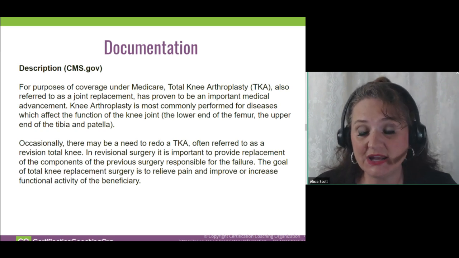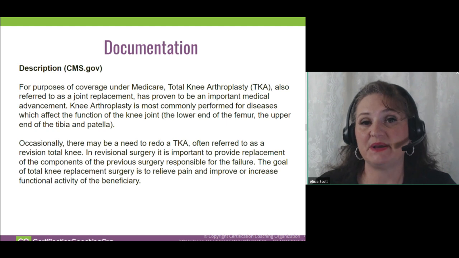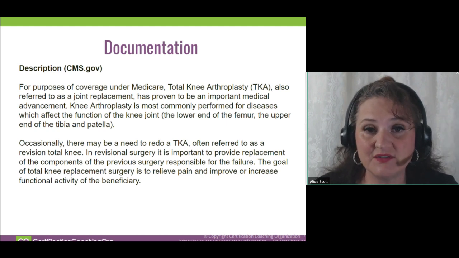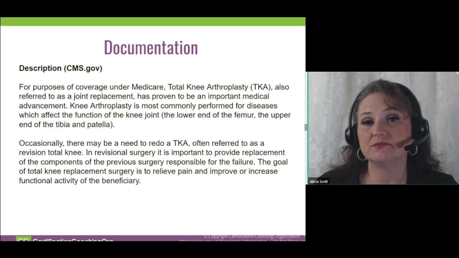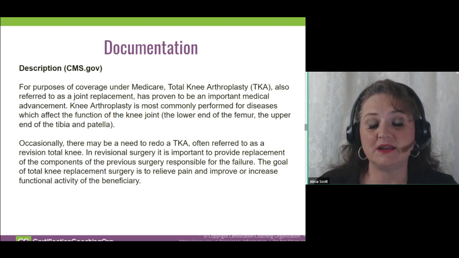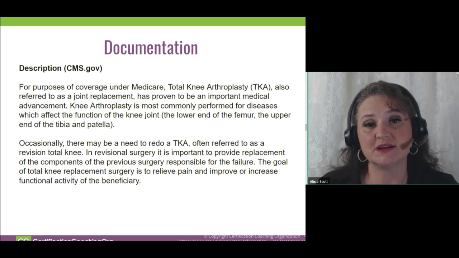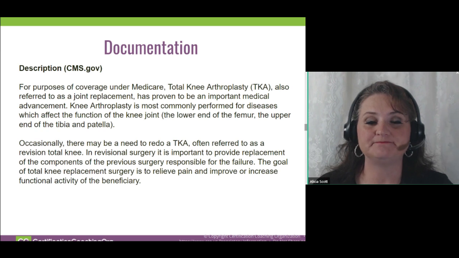Is it age related? What's the history? Does the patient have osteoporosis? Does the patient have osteoarthritis? Do they have other comorbidities that have caused problems like pain in their back because they're not able to walk, et cetera?